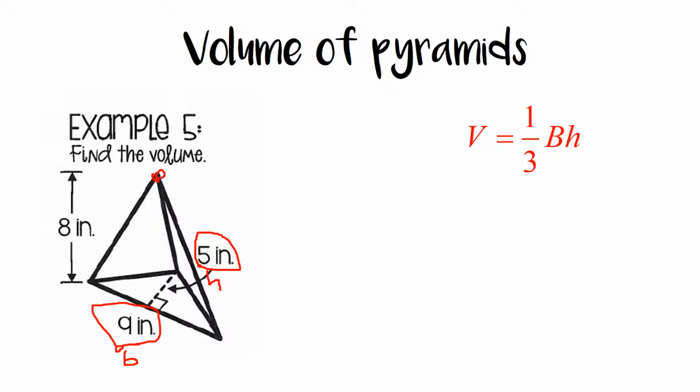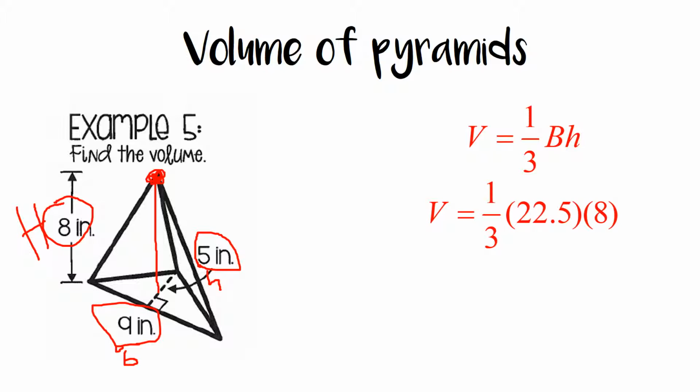And then from the vertex all the way down to the center of that triangle is our height of the entire pyramid, which is 8 inches. So when we find the area of that base, we're going to take 9 times 5 times 1/2. So it's going to be 22.5 times the overall height, which is 8, all times 1/3, for a final answer of 60 inches cubed.